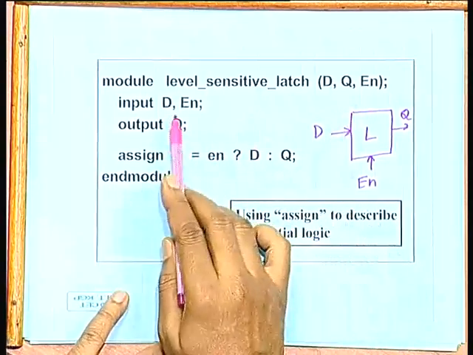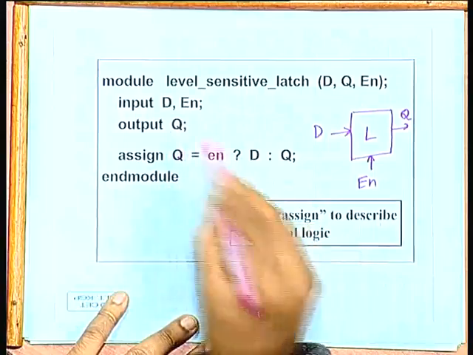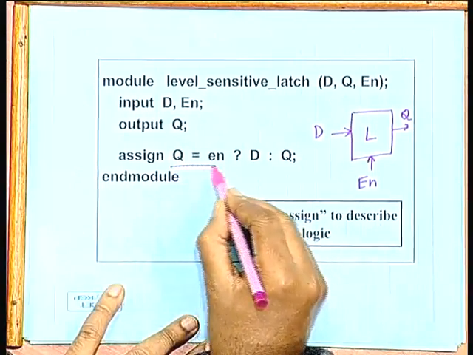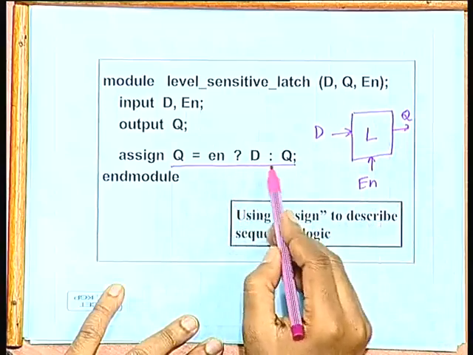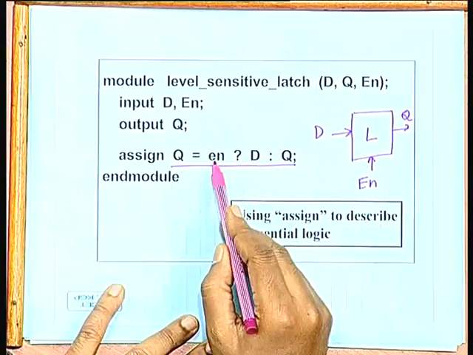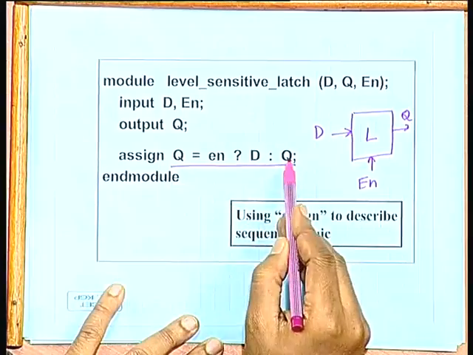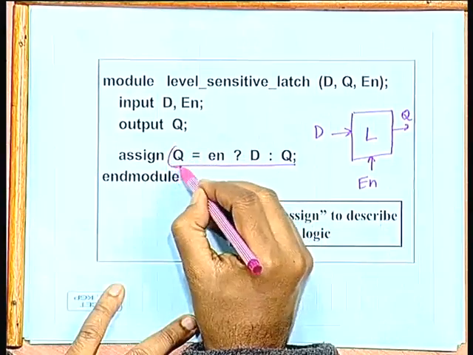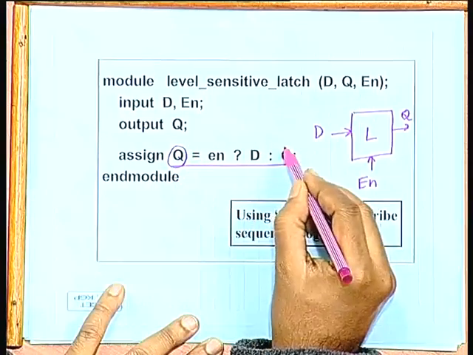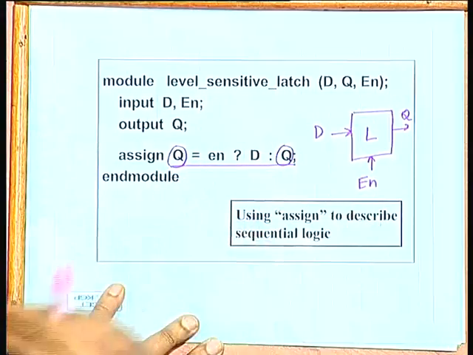So, inputs D and En are in, and an output is Q. You just look at this assign. Q will be equal to D if En equal to high, Q will be equal to Q if En equal to low. So, the same variable Q is appearing on the left as well as on the right hand side of an expression.